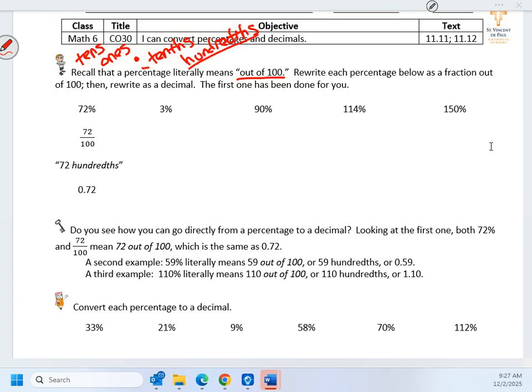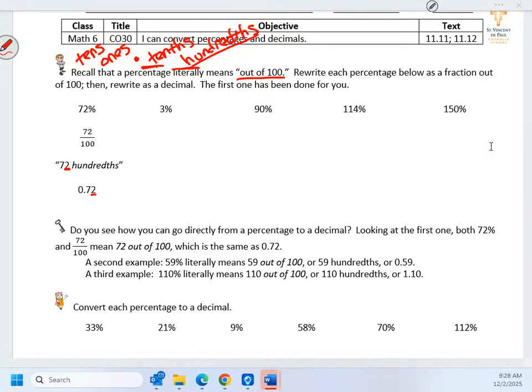It is our second decimal place. So we need to remember that hundredth place is very important when we go from percentages to decimals. So if it's 72 hundredths, that 2, that last number, needs to be in the hundredth place of our decimal.